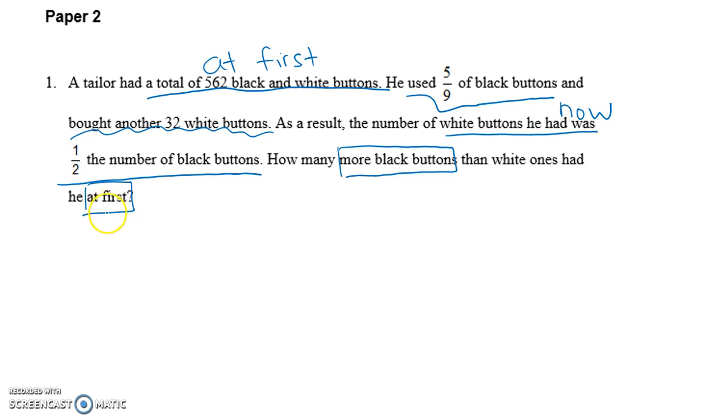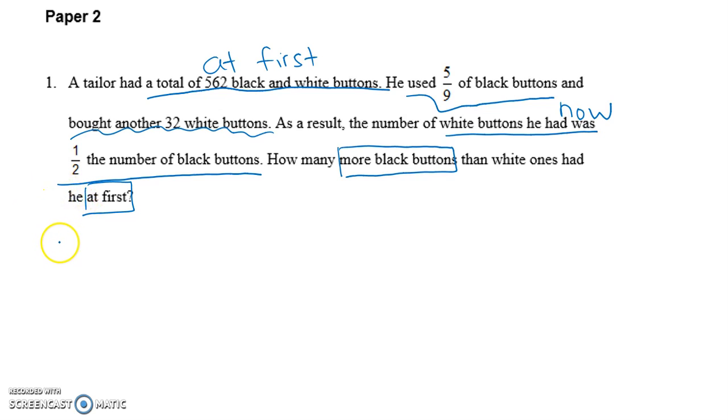Okay, so very slowly, let's just look at this. We know all this information. We know that in total he had all this, and he used some black buttons. He bought some more white buttons, and as a result, now the number of white buttons he had was half the number of black buttons. So we want to find how many more black buttons than white ones he had at first.